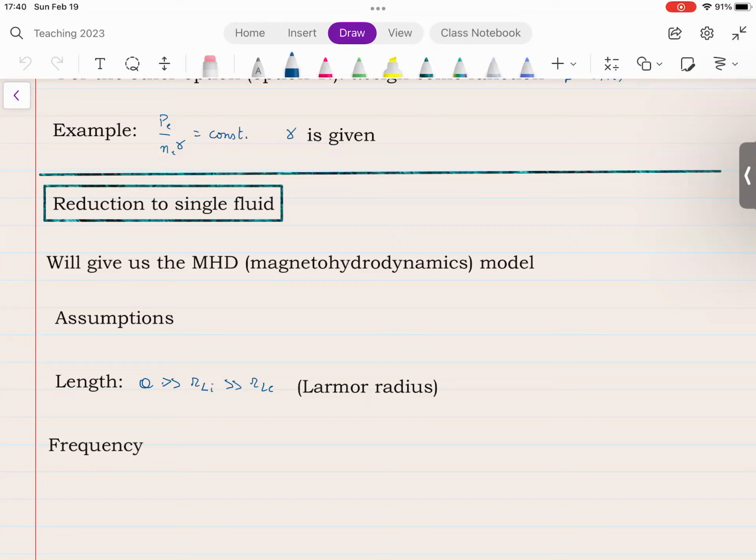And then we're going to make an assumption on time scales. I can call this an assumption on frequency, which I'm going to express as follows.